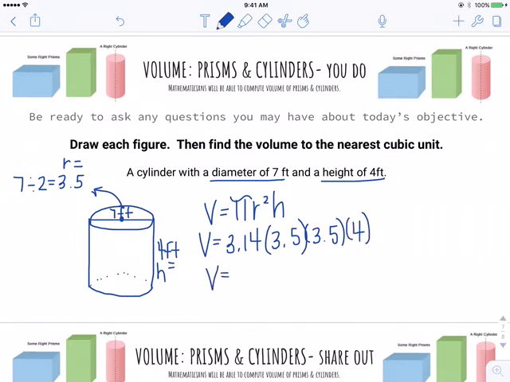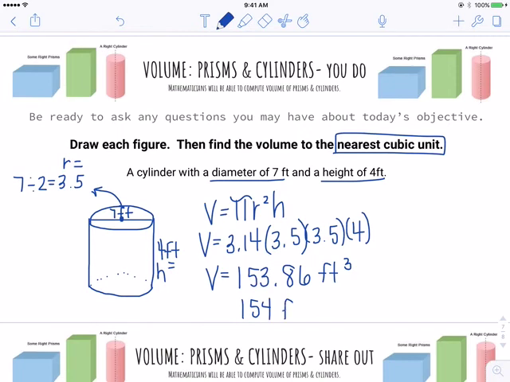And when I punch all of those numbers, lots of decimals, into my calculator, I get 153.86 hundredths, and then feet cubed. It does say to the nearest cubic unit up here. So if I'm rounding that, I'm going to say 154 feet cubed as my final answer.